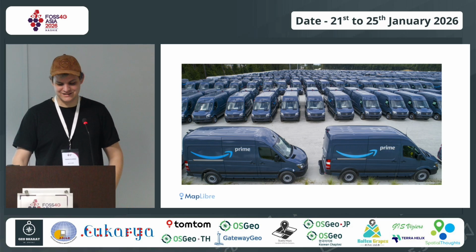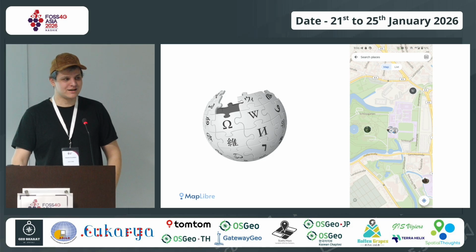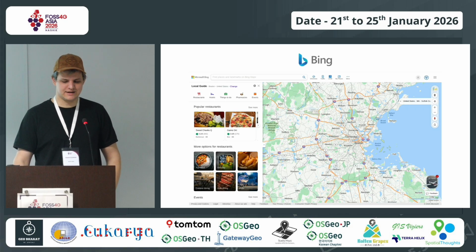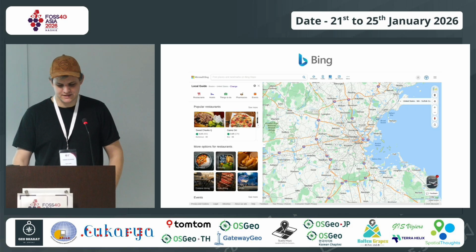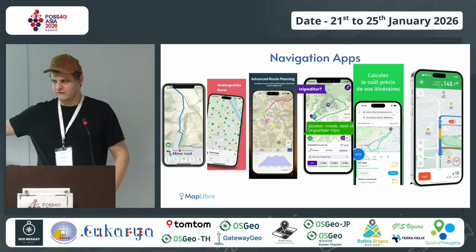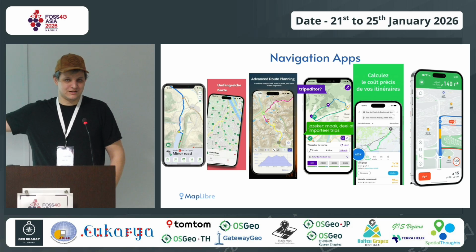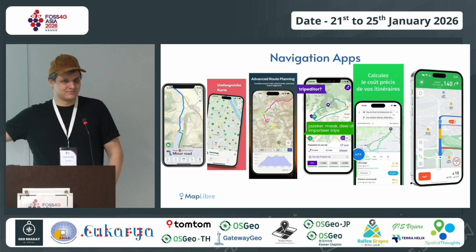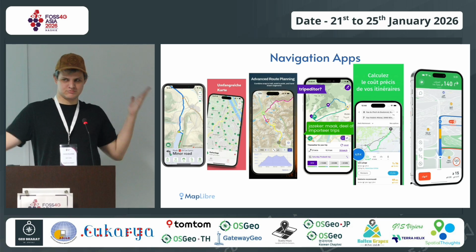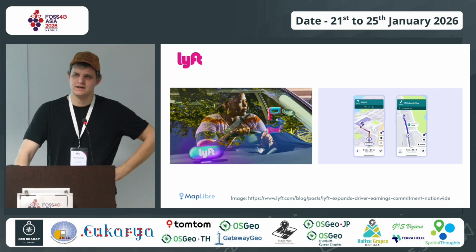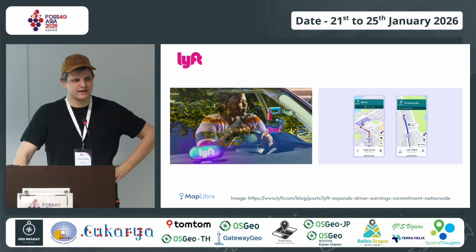That's kind of fun. We are also in a number of products that you have on your phone, such as Wikipedia, Bing Maps, a wide variety of navigation apps, tons of them out there, and a larger variety use us, the other variety uses Mapbox. It's fine. We are in a few ride-sharing apps like Lyft.